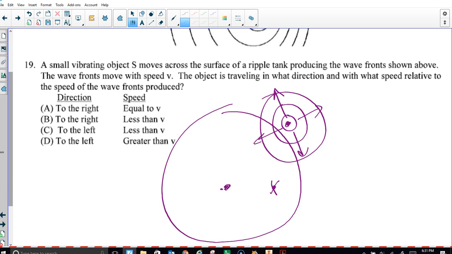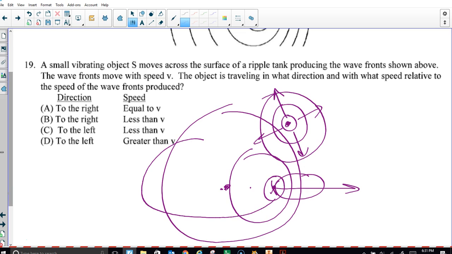And so the one that it emitted, say, here is now like that, and the one that it's emitting right now is like that, and what happens is if it's moving that way, the crests get piled up in front of it because it's chasing after its crests. And at the same time, in the opposite direction, it's leaving its crests behind. So this is definitely an object moving, in our case, to the right.